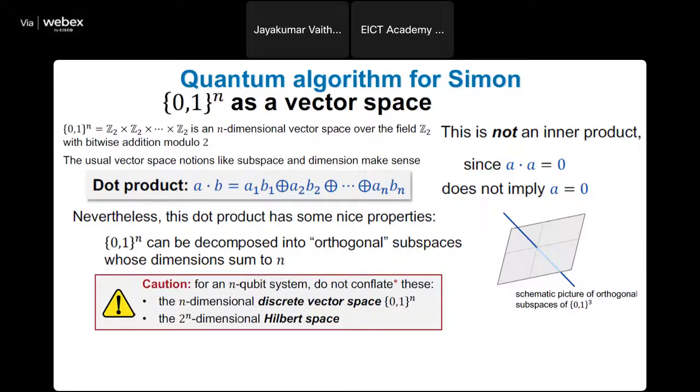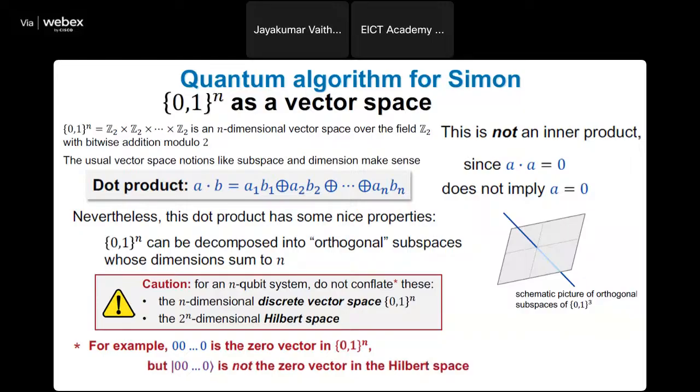For example, 0, 0, 0 until n number of 0 is a 0 vector in {0,1} to the power n. But if you are looking in vector space, this is not 0 vector.